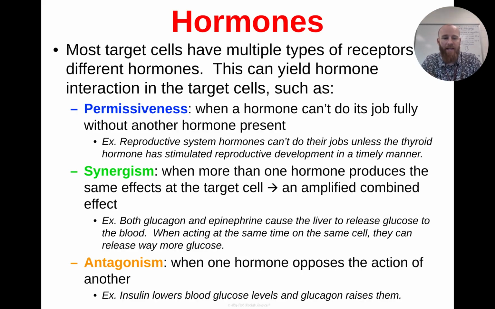So insulin is in direct conflict with glucagon, and so that means that if both of those are circulating, they will, in effect, battle it out and fight for those receptors that ultimately control your blood glucose or your blood sugar levels. Okay, so permissiveness, synergism, antagonism, this is how we can have more than one hormone interacting and changing the overall effect.